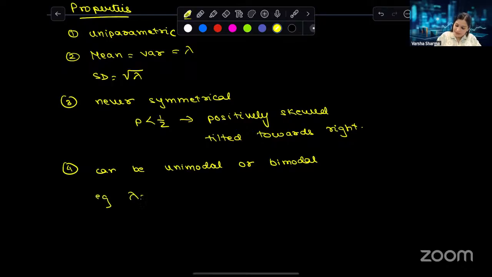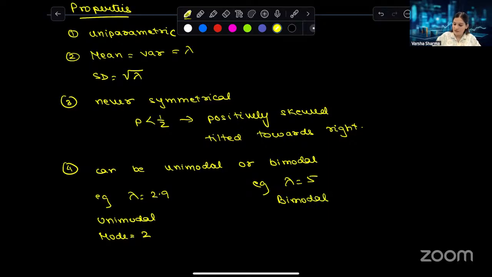If lambda is say 2.9, not an integer, then it is unimodal, and the mode will be the largest integer just smaller than this. If lambda is say 5, then it will be bimodal. There will be two modes: one will be the number itself and another will be smaller than this.